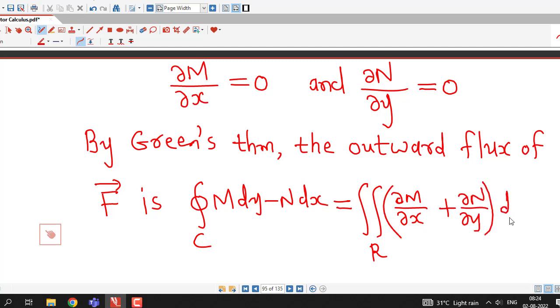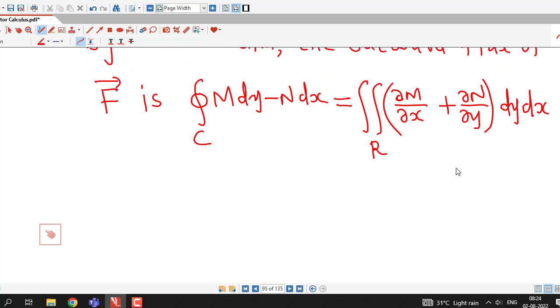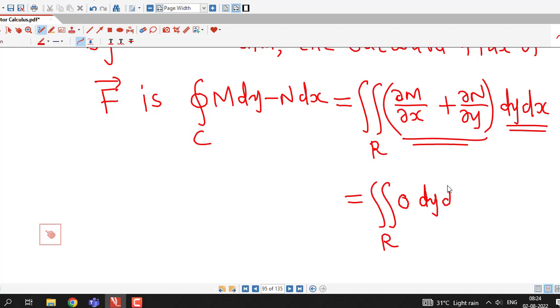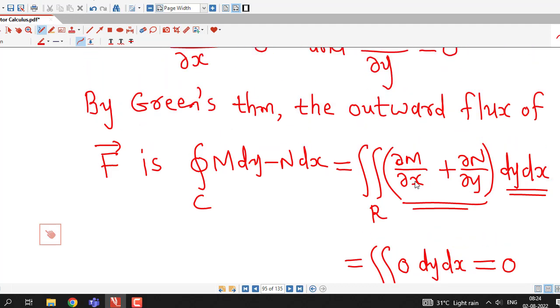Suppose we integrate first with respect to y and then with respect to x, this function becomes 0 at every point on the region R. So we don't have to search for limits of integration of y and x. We can directly put 0, and the integral of 0 is 0. Therefore we find that the outward flux is 0 using Green's theorem.